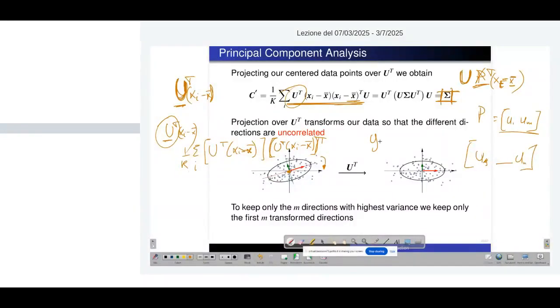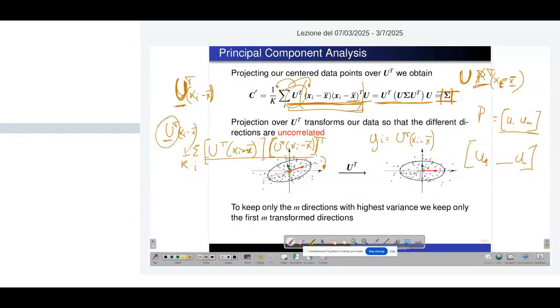If I compute my Y and then compute the covariance matrix, this is what I would obtain. I bring the U outside of this summation, so the summation is applied only to the terms inside this red parenthesis. I get this expression.